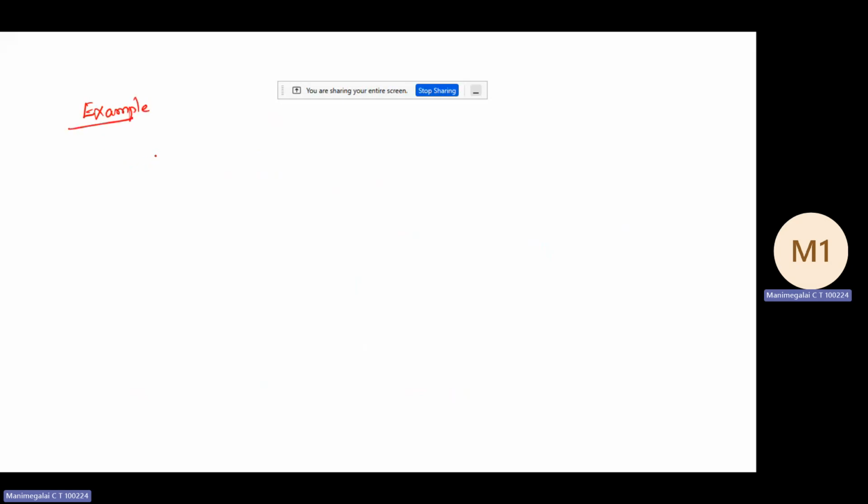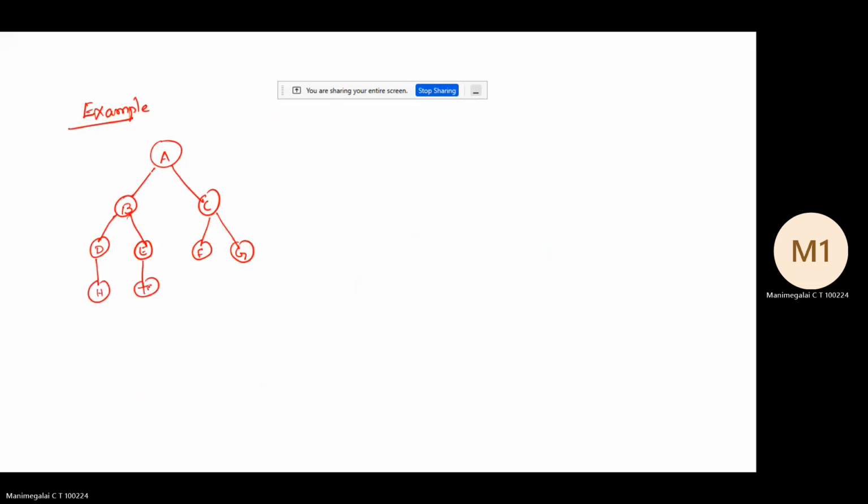So assume that this is a tree. These are the nodes.